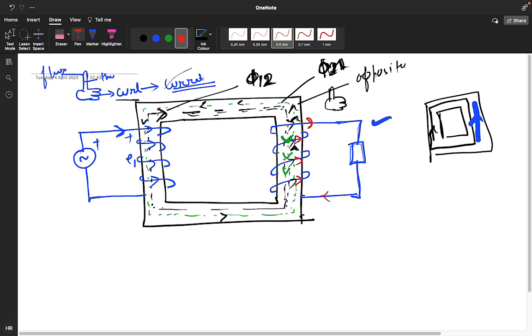So from positive, your current is leaving, and in negative, current is entering. So this is your E2. In this it is becoming a voltage source. In this it's absorbing. In this it's becoming E2. So that's why that is my positive.